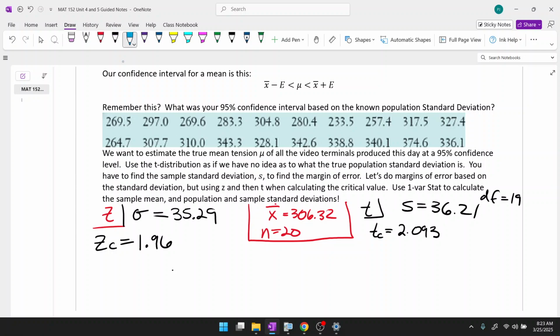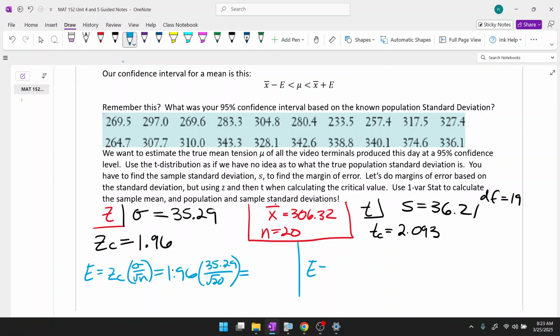Now, if you do the margin of error here, which is your critical Z times this, 1.96 times 35.29 over the square root of 20, you're going to get something.